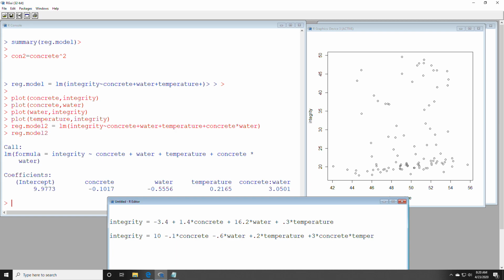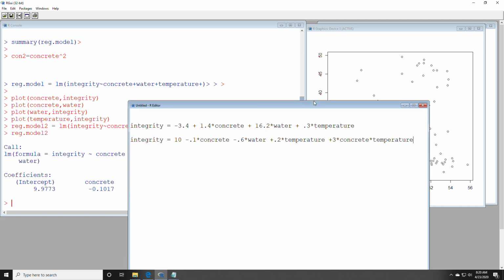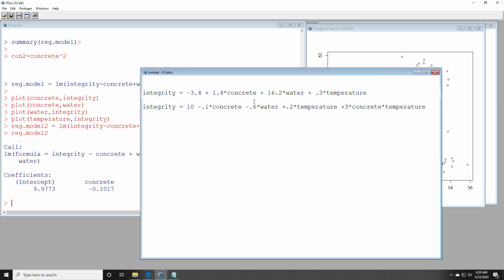Interaction, you just multiply them together. So if we know the thickness, whether water is added or not, and the temperature, we just plug them in and we get our predicted integrity score.